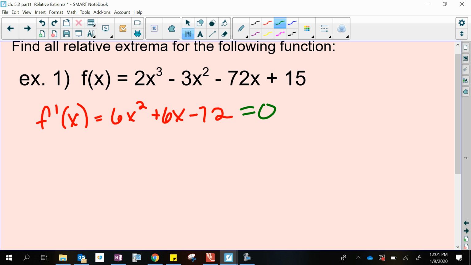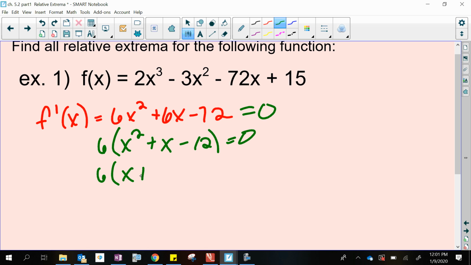So how do we solve that? What's that? Take out a 6. Were you just jumping ahead? So Grace is just moving ahead of all of us. So we take out a 6, and we make it this, and then we're going to factor, and it can factor to x plus 4 times x minus 3.